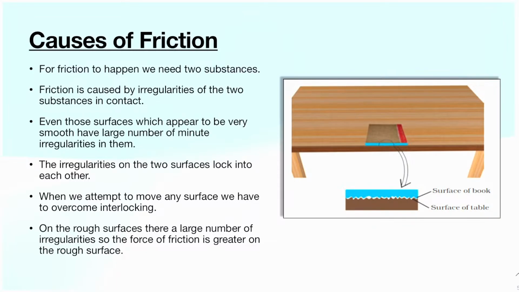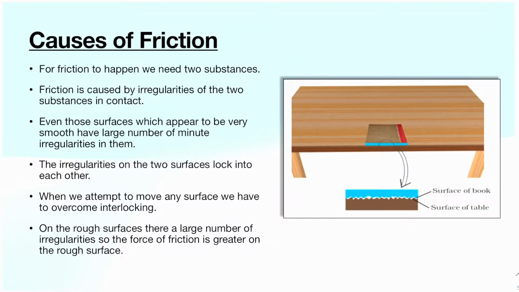Rougher the surface, greater is the locking power. Hence, you cannot move objects on a rough surface because they are locked tightly to each other. Only when you apply a force great enough to break the interlocking does the object move. So, the cause of friction is the interlocking of the two substances.